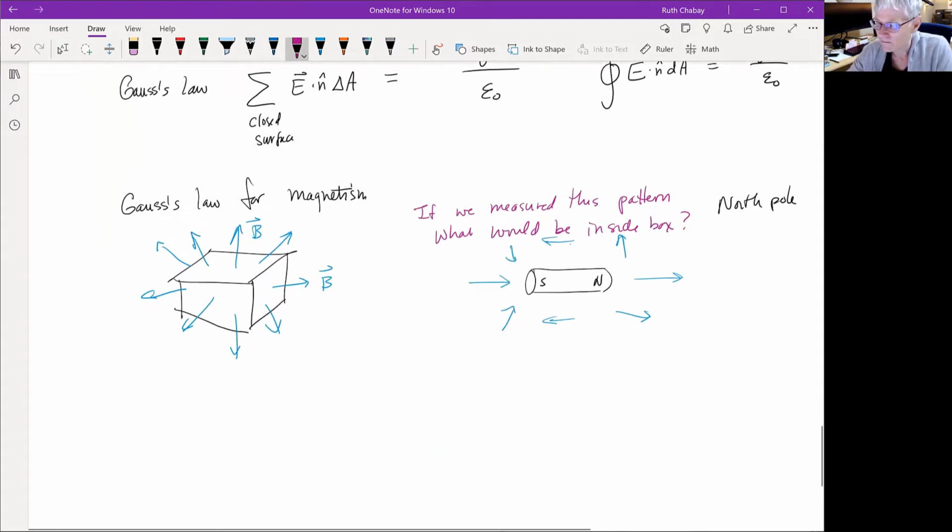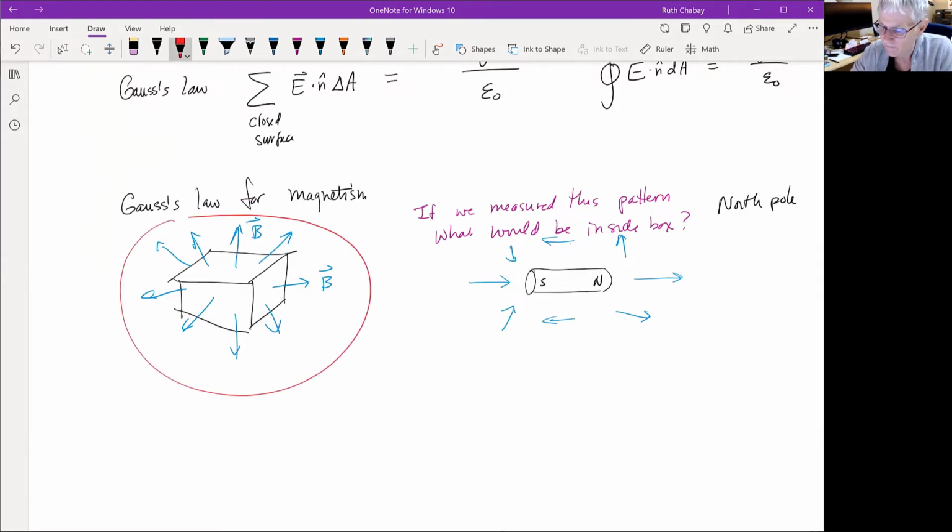And so what Gauss's law for magnetism tells us is that we can't see a pattern of field like this. There are no magnetic monopoles.